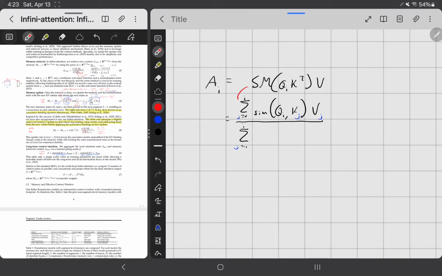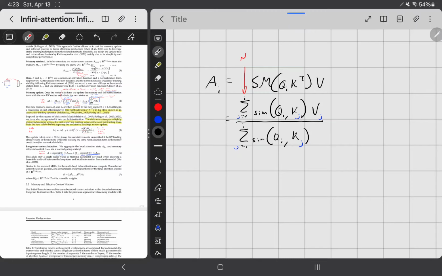I write this as i because this is the causal case. If it wasn't causal, this would just be n instead of i. But the causal case is more difficult, and it's a lot easier to go from the causal case to the bidirectional case.